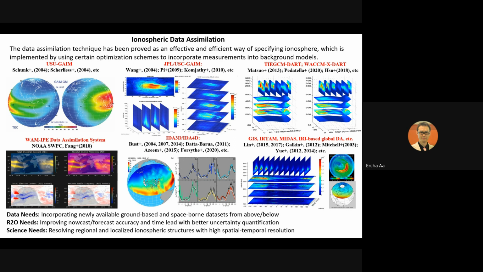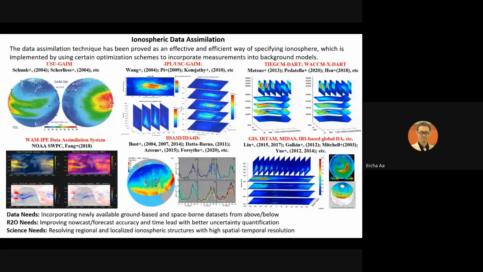So with all this progress in data assimilation, there are also some needs. For example, we have the data needs: we have to incorporate more data sets, ground-based, spaceborne, from above, from below. We also have the research-to-operation needs: we need to improve the nowcasting accuracy, and we need to improve the forecast ability and the time lead with better uncertainty quantification. And last but not least, we have the science needs.